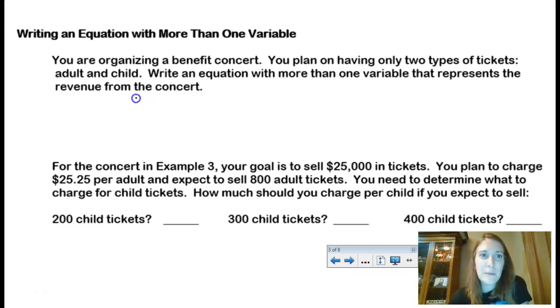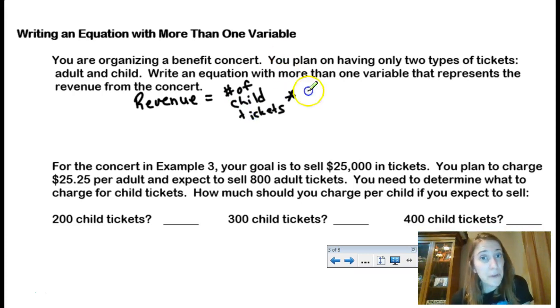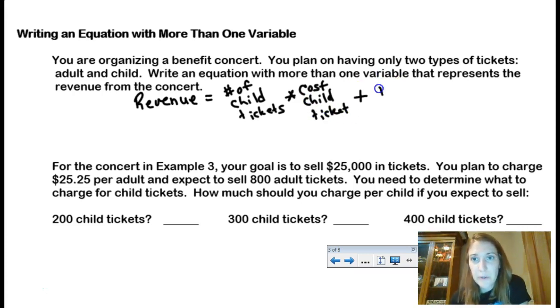So your total revenue, which is money you take in, right, is going to be found by, let's see, what if we took the number of child tickets, writing. But remember, you got to multiply that by the cost of a child ticket. But then we got to do the same thing for the adult tickets, right? So a number of adult tickets.